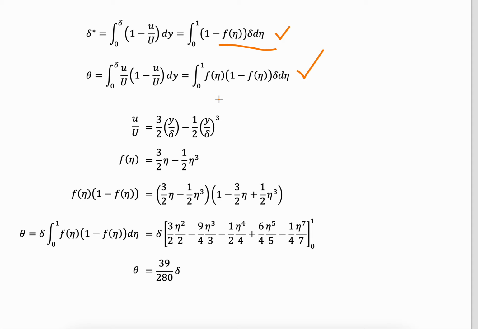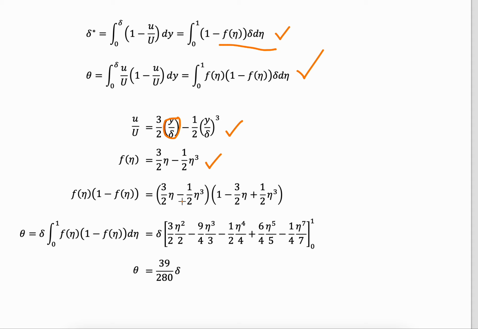So let's say we have u over U as this one, and then we could write it as eta, meaning we change y over delta into eta, so we have this one. And then we have two terms. One is 1 minus f(eta), and the other one is f(eta) times 1 minus f(eta).